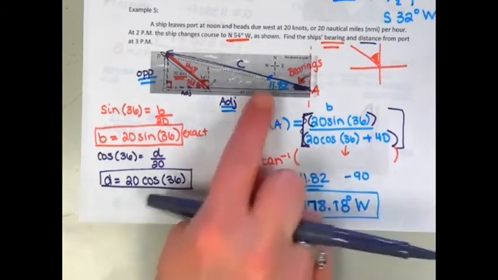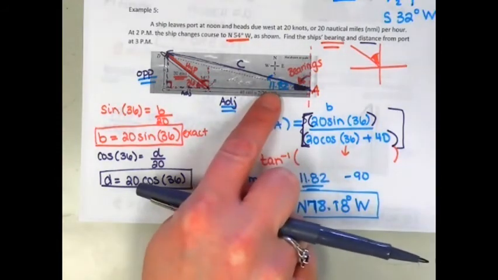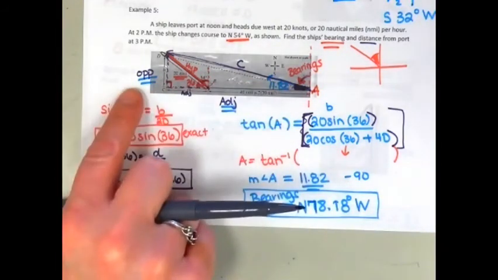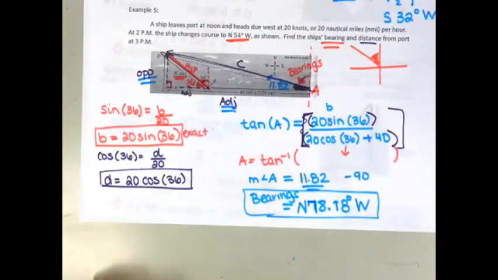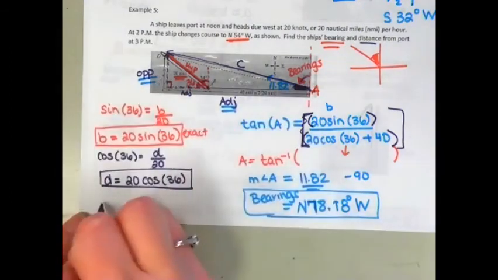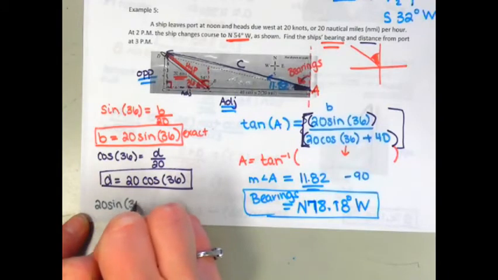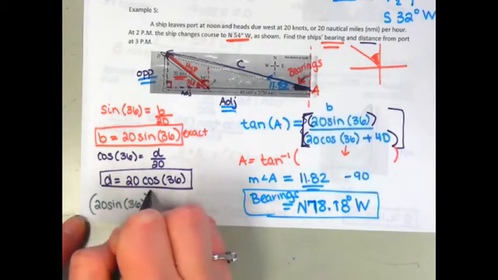We can do our distance a couple different ways, can't we? Yes. We can either use the 11.8 and do the opposite over my hypotenuse, right? Or could I use Pythagorean theorem? Yes. Does it matter which way? No. What way would you like to do this? Pythagorean theorem. So my b is 20 sine 36. And what do I have to do with all of that? Square it.